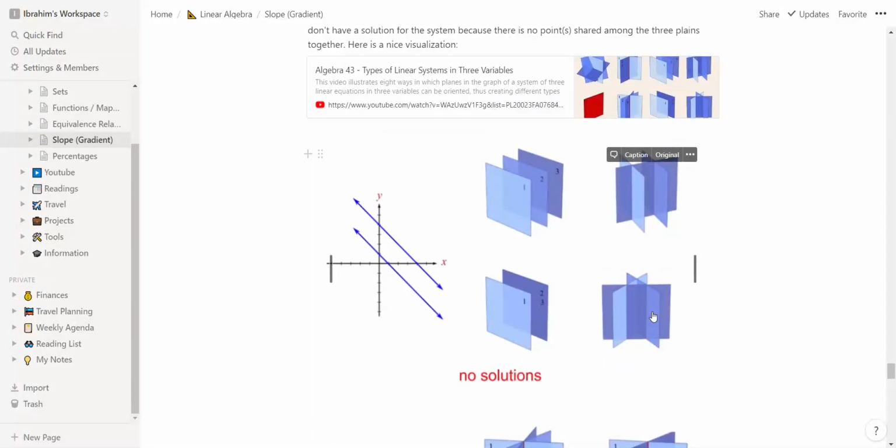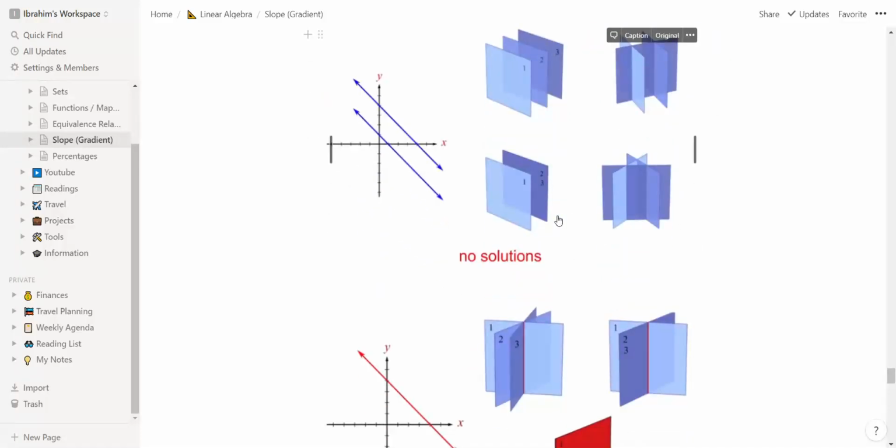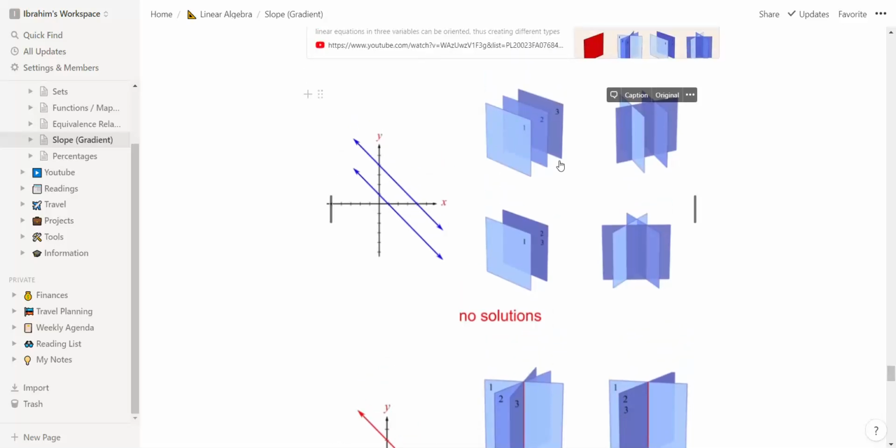And then you could see here, for example, why this is not true, because there are no solutions for this one, because the three planes should meet at some point. And in this case, you have 1 and 2 meeting, but 2 and 3 not, and 1 and 3 separated.